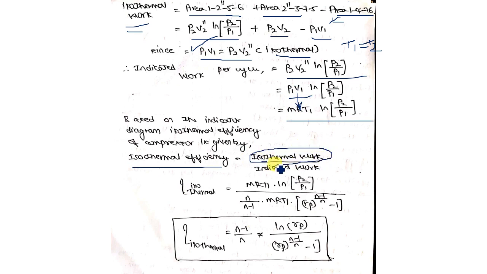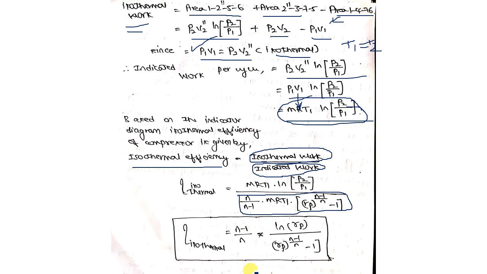What is indicated work? Indicated work is the work extracted from an indicator diagram, that is, the area of the plot. You have just derived this expression of work done in an air compressor in your previous video, the work done in an air compressor considering or without considering the clearance volume. So this is the expression from which you have extracted this.